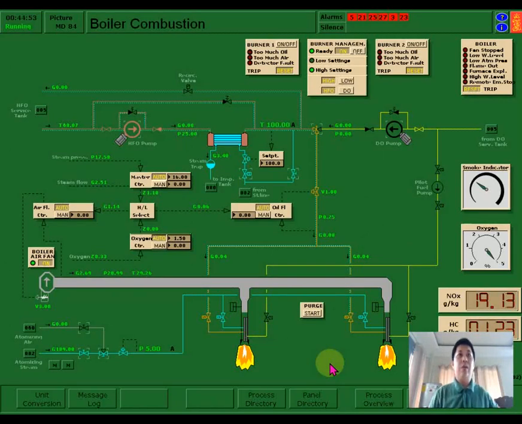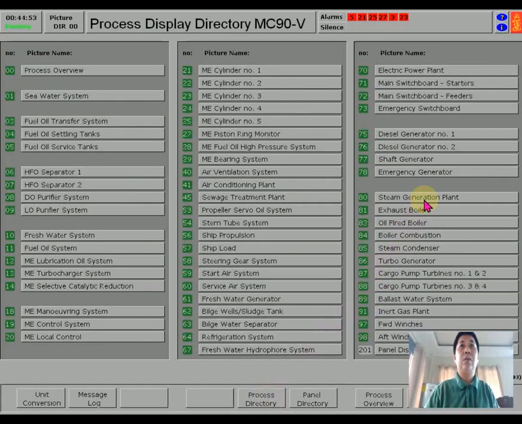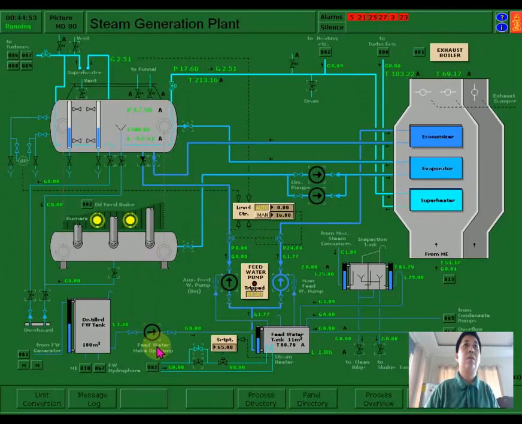So I will put it again into low flame, low combustion. Anyway, we'll wait a little bit more. It's 17.58. We have an alarm.